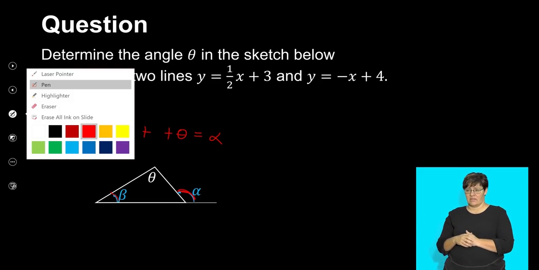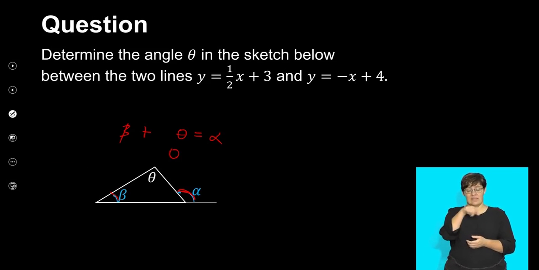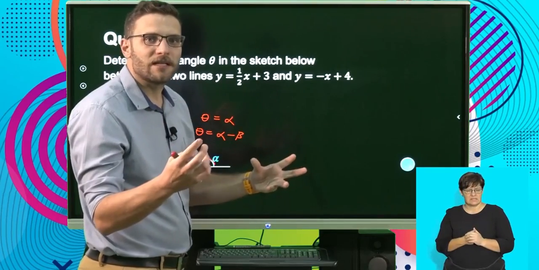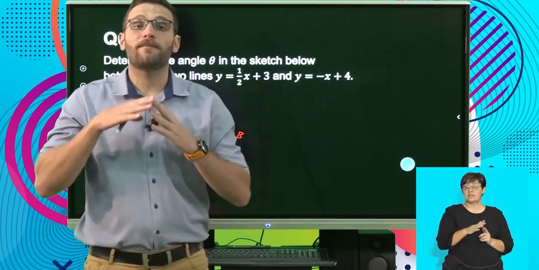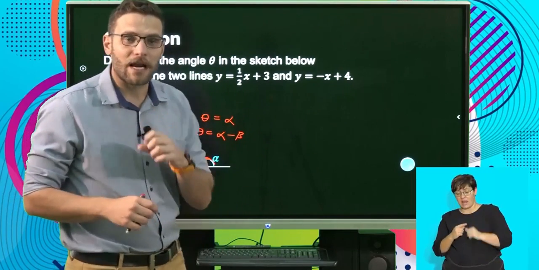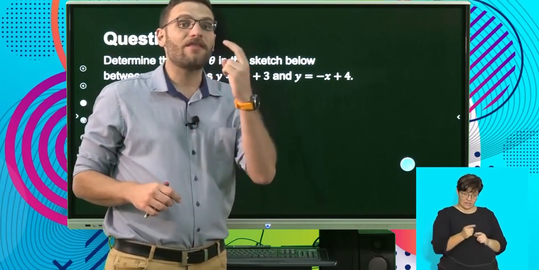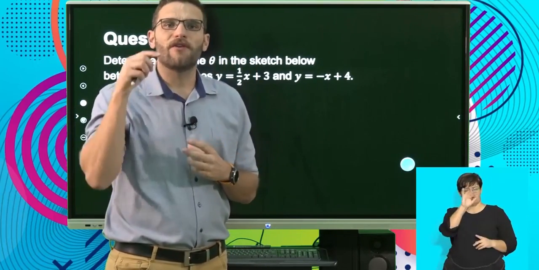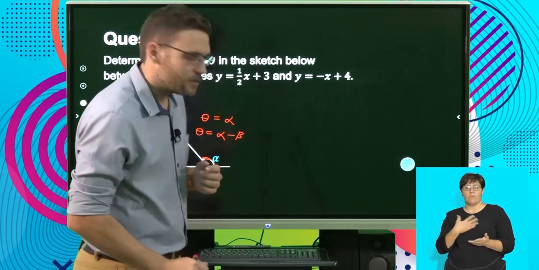And so I can say that theta is equal to alpha minus beta. All right? We've spoken a lot, but the point of this is that if they want an angle between two lines, what am I going to do? I'm going to find the angle of inclination of the one line, the angle of inclination of the other line, and then I'm going to use normal geometry to find the angle that they want me to find.